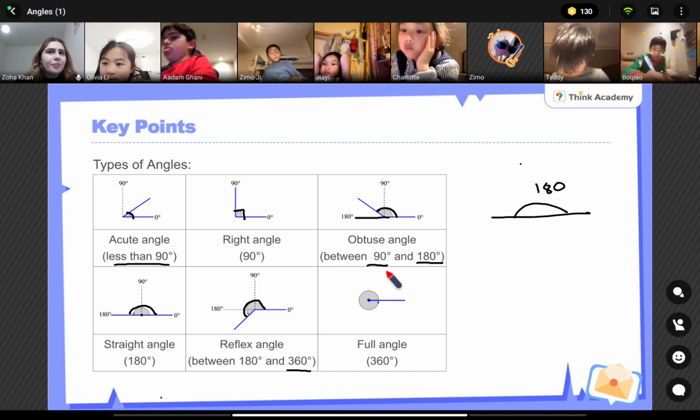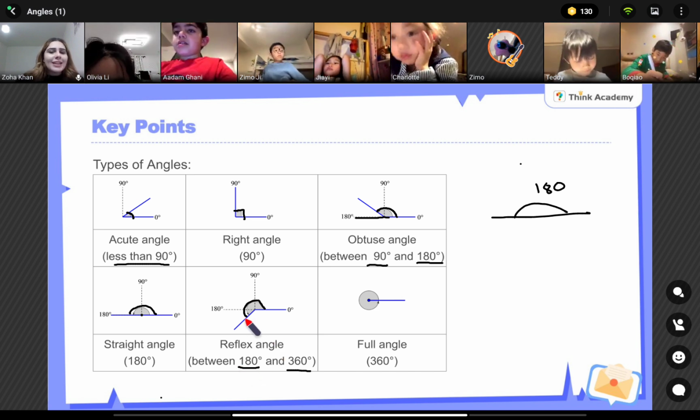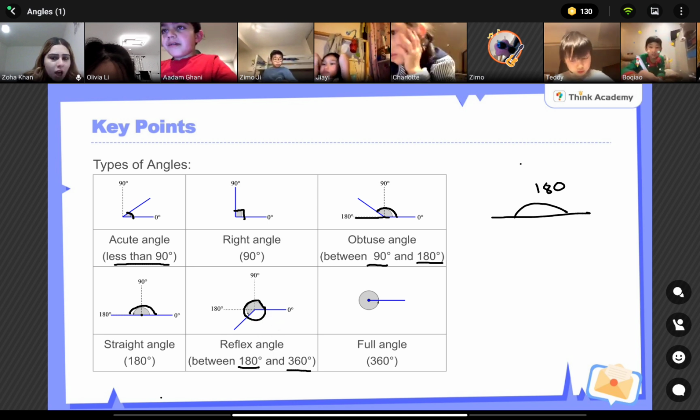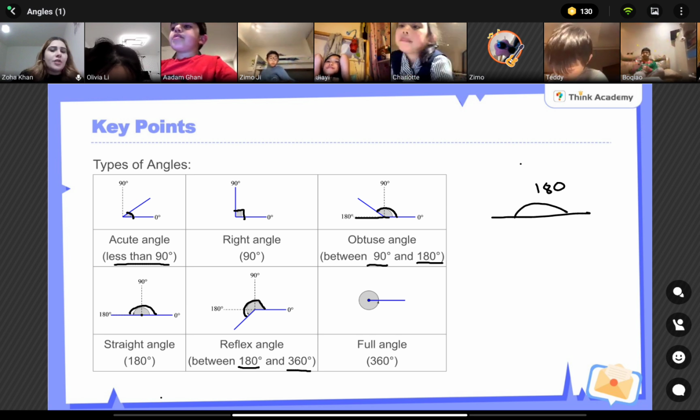Yeah, you've got the right idea. So it is bigger than 180, but it's less than a full turn, isn't it? A full turn would be 360. But this is not a full turn, so it's less than 360.